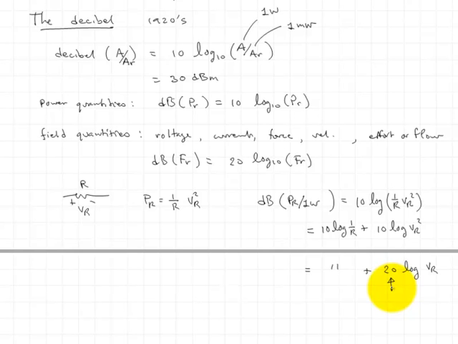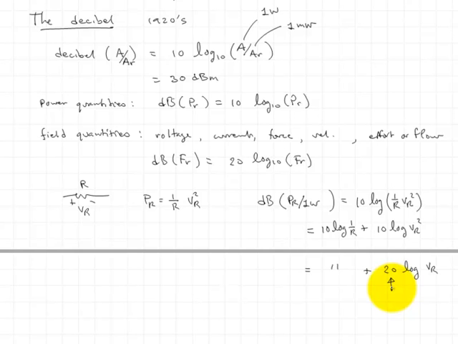Now, when we go back to looking at the transfer function, it is not a power quantity. It is not expressing, for instance, the output power relative to some input power. It is expressing the output voltage or current, in other words effort or flow, a field quantity, relative to some reference field quantity, which happens to be the input, what we're driving at the input.